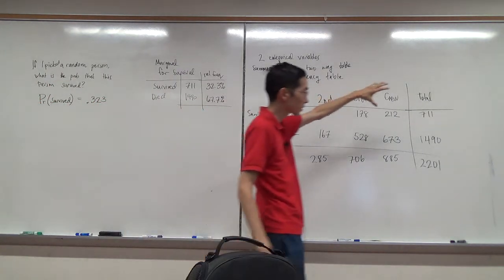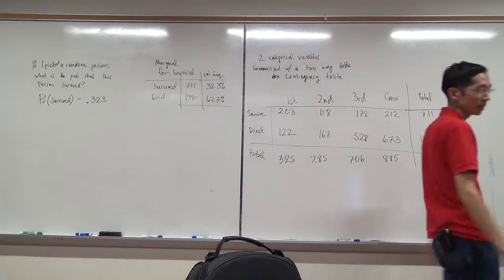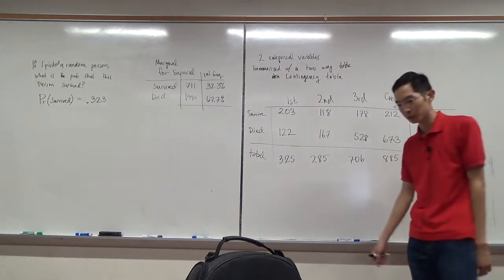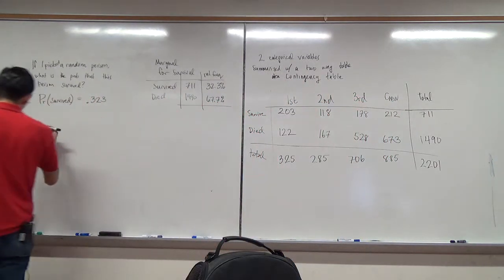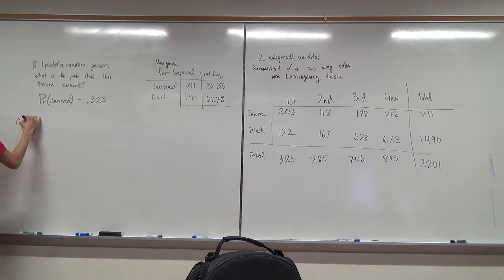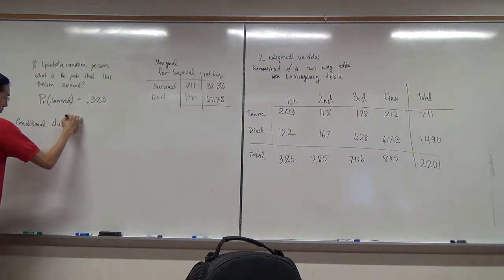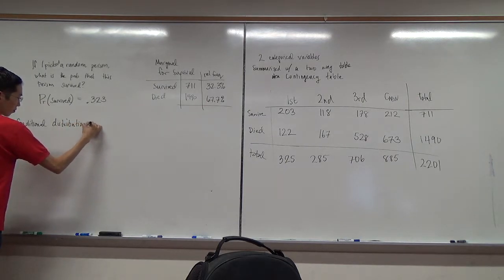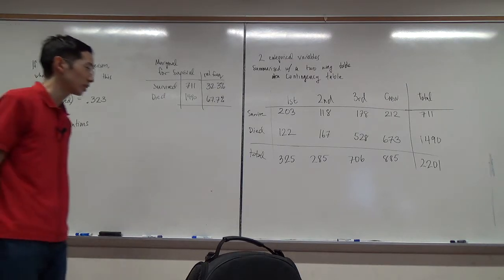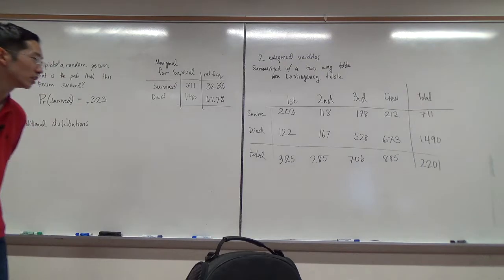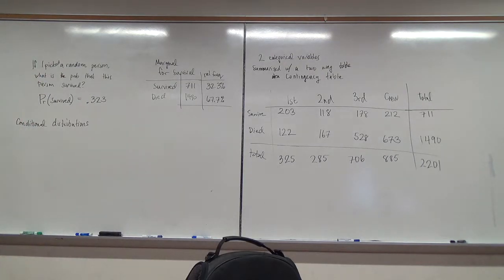When we look at just the total column, then we have the marginal distribution. We also have the conditional distributions. So I could create the condition that someone be in first class.